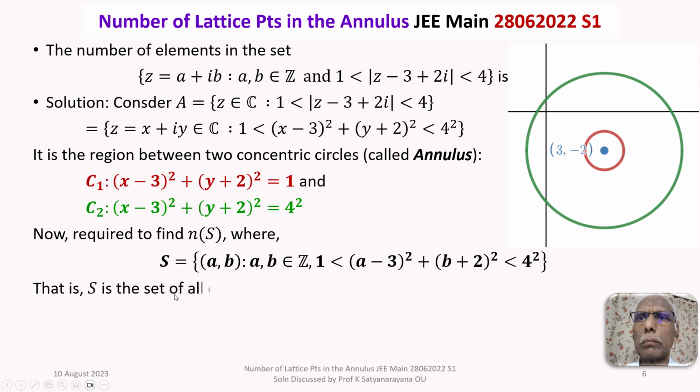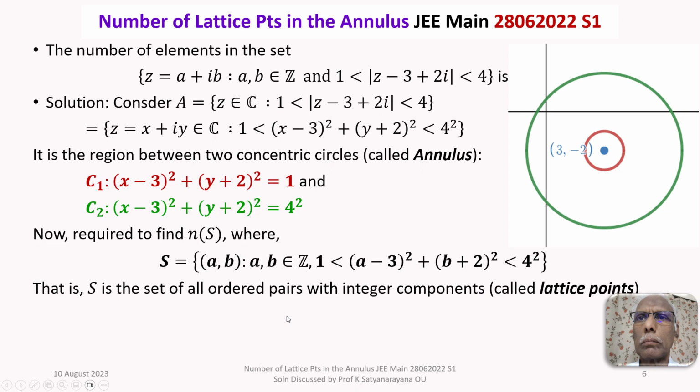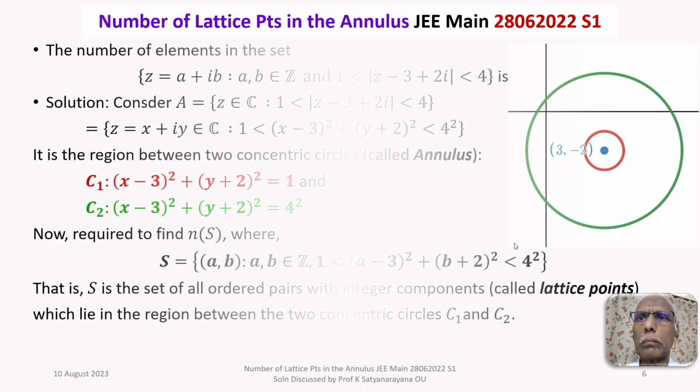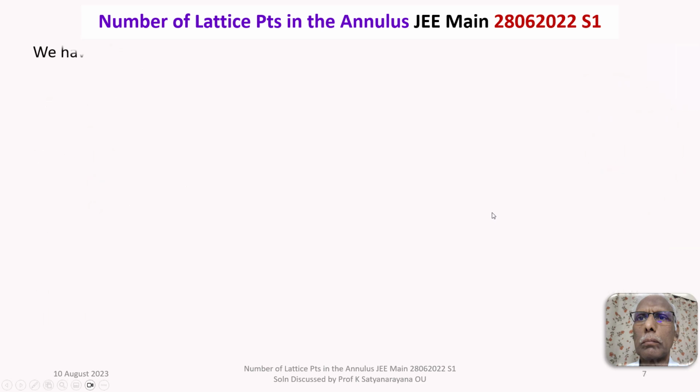Ordered pairs with integer components are called lattice points. So you have to find those lattice points which lie in the region between the two concentric circles C1 and C2. We continue in the next slide.